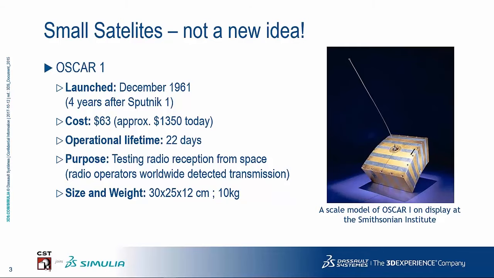This CubeSat actually fulfills a lot of the requirements of CubeSats. It was pretty cheap, about $63 to build. It only operated for about 3 weeks, and it was about 10 kilograms in weight and sort of the size of a shoebox. But the important thing was that it had a really simple functionality. It was just transmitting a Morse code chirp.